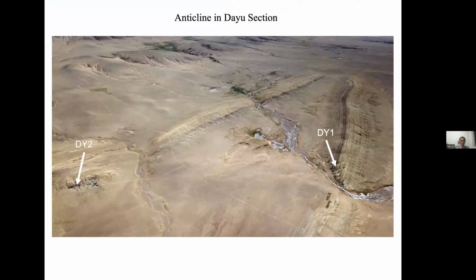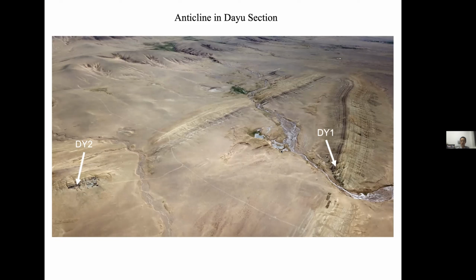So we found these fossils from the Tao Su section. From this photo, you can imagine the dramatic geological activities that occurred. This is a very big anticline in the Tao Su section. Without a zoom, we can't realize just how large it is.